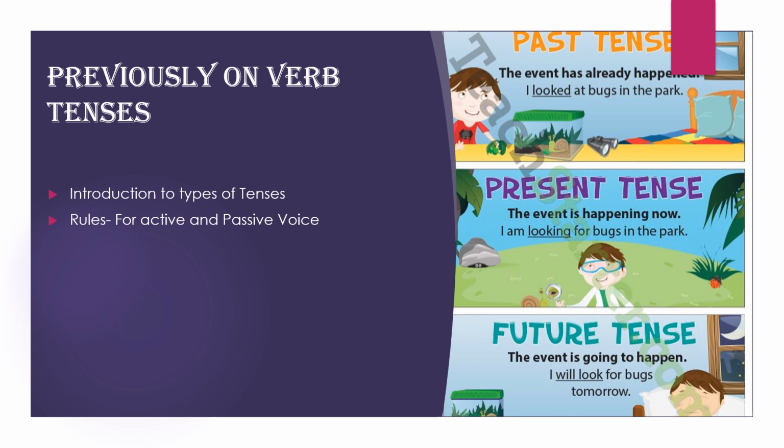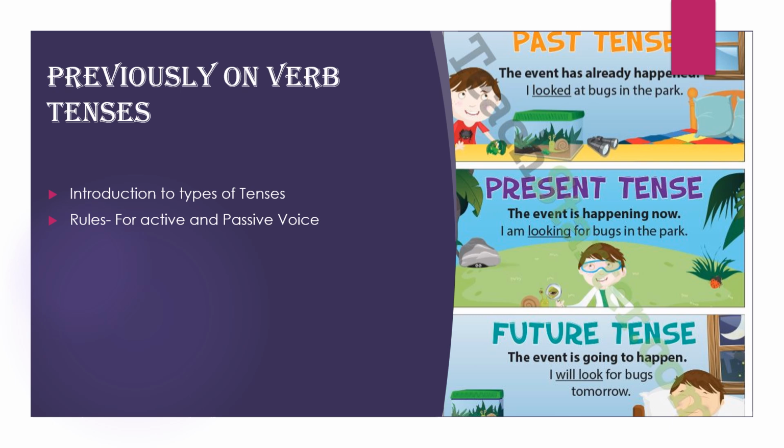Previously on verb tenses. In the last lecture, we discussed what exactly tenses are. We discussed that the origin of the word tense is from the Latin word tempus, which means time. And then we discussed the two types of verb tenses, one based on the time frame and the second based on aspect. Based on time frame, there are three broad categories: the past, the present, and the future.